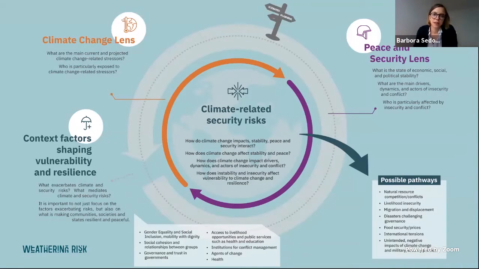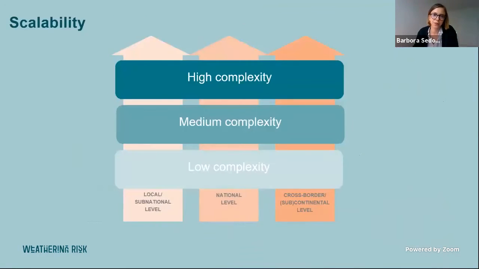So we consider climatic pressures, and we consider economic, social, and political stability. We look at the interactions between climate change and different drivers of conflict, and we try to improve understanding of contextual factors and the mechanisms behind the complex climate and conflict association.